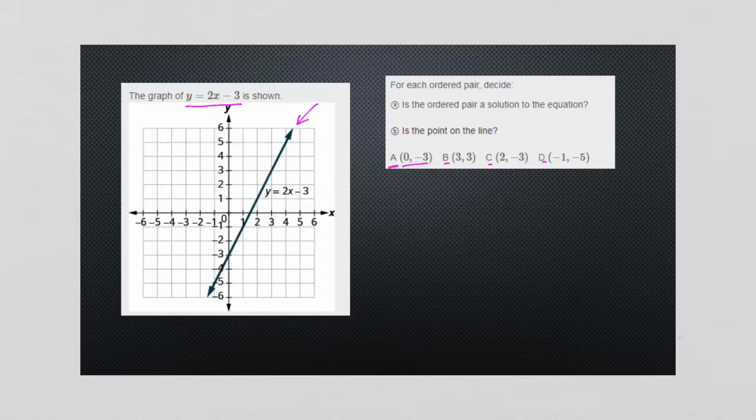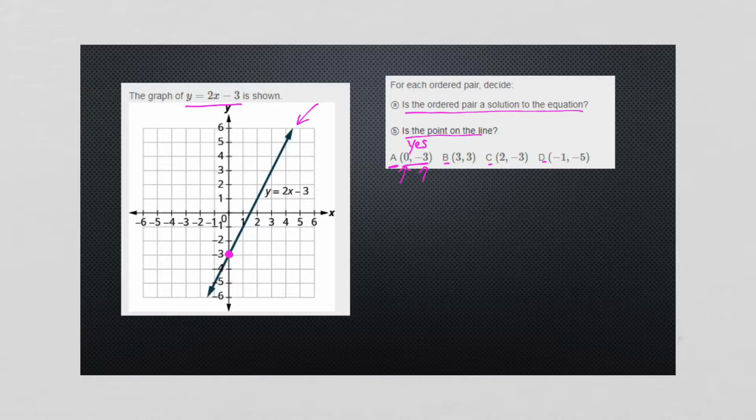Look at A. We've got 0, negative 3. 0, negative 3 is down here. So we would say yes, because that dot lies on that line. Now notice we can also check by putting 0 in for x and negative 3 in for y and seeing if it comes up with a true statement.